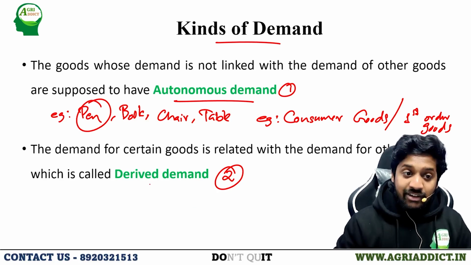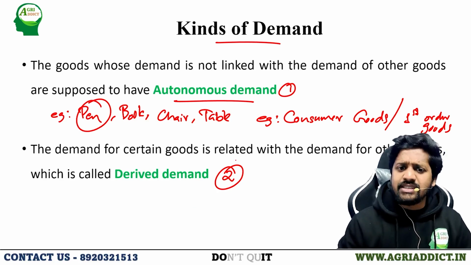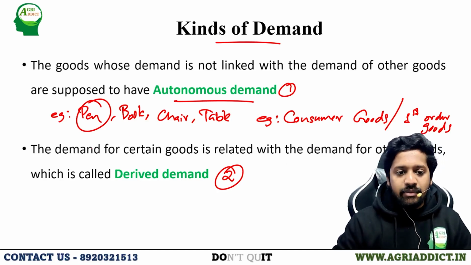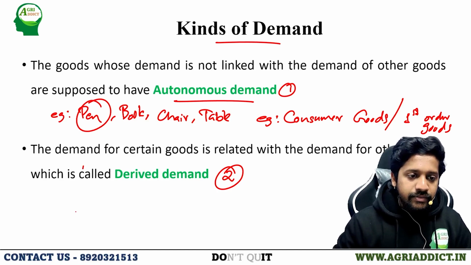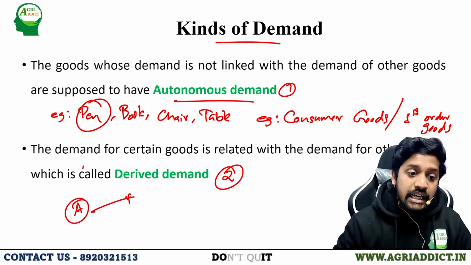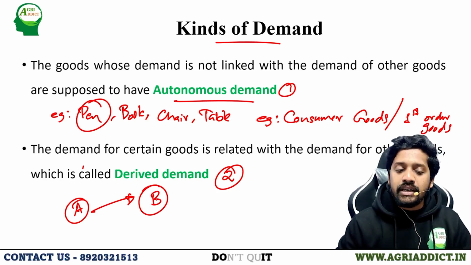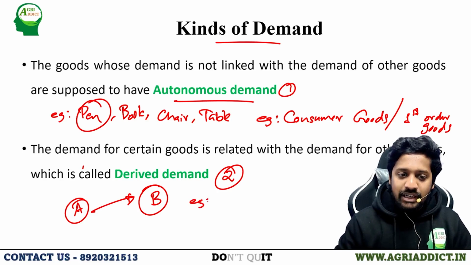What about derived demand? The demand for certain goods is related with the demand for other goods, which is called derived demand. So if A is a commodity, and the demand for A is in turn related with the demand for B, then such demand can be considered as derived demand. For example, producer goods, right?